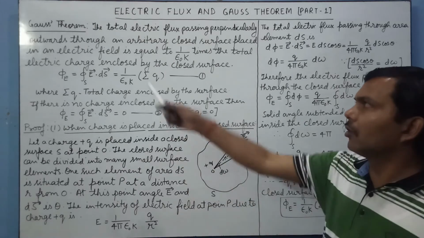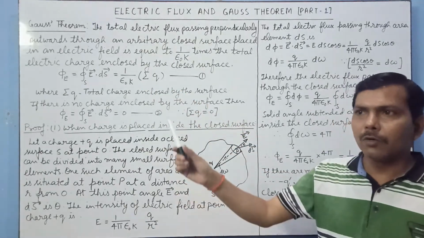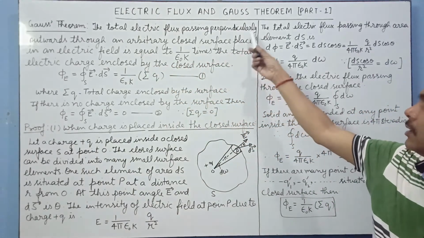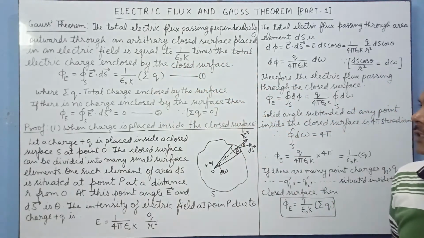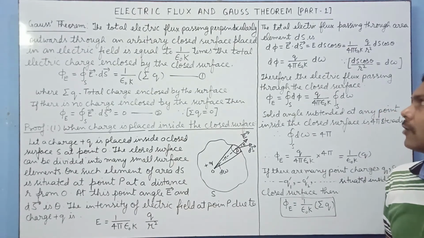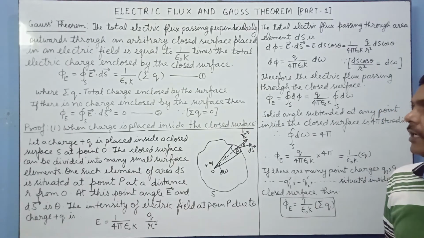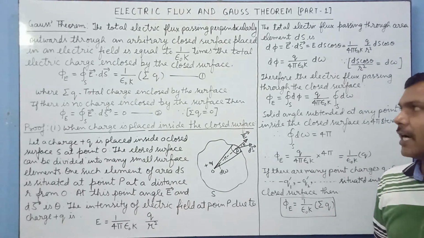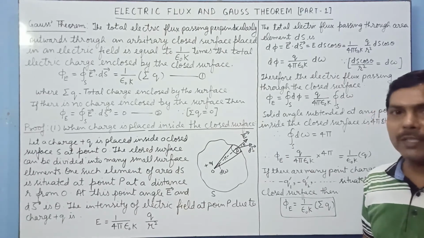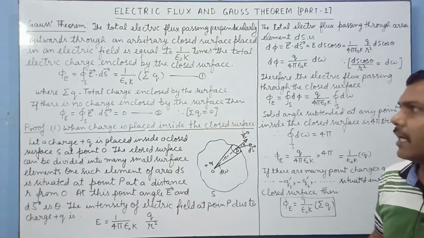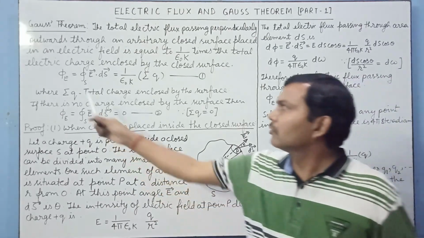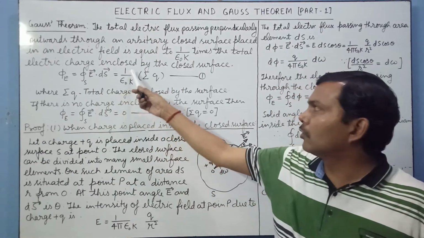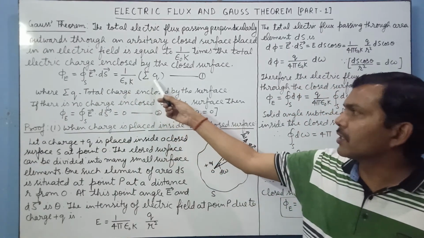Next is Gauss theorem. Gauss theorem states that the total electric flux passing perpendicularly outwards through an arbitrary closed surface placed in an electric field is equal to 1 upon epsilon 0 times the total electric charge enclosed by the closed surface. In mathematical form, we can write it as phi E is equal to the integral over the closed surface E dot ds is equal to 1 upon epsilon 0 summation q.